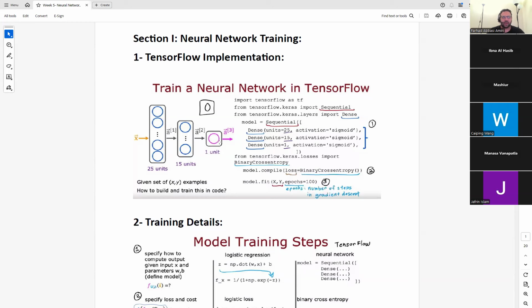Let's say our application is a classification and it's a binary classification. It means our output has just 2 classes or 2 categories. So binary means 2 outputs. Binary cross entropy. I'm going to talk about the loss function in detail in the following slides.